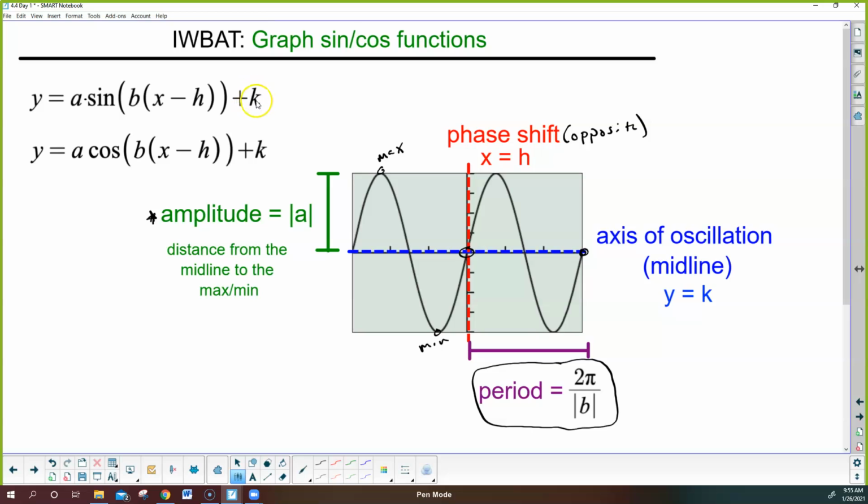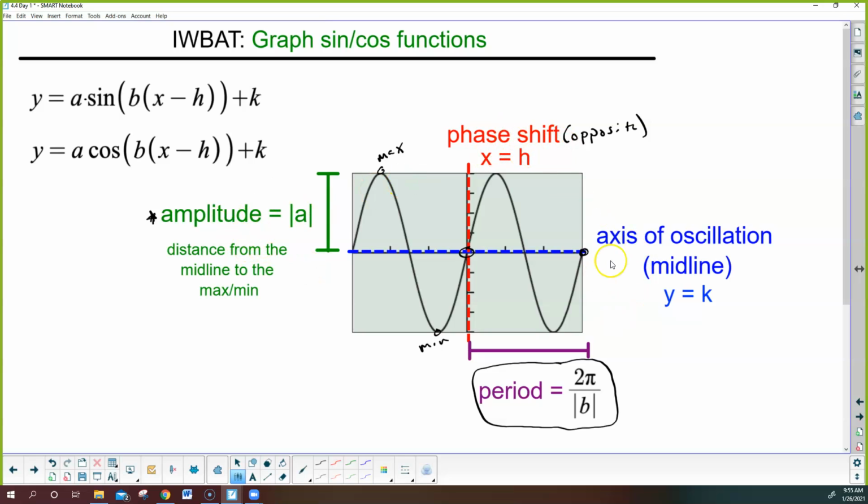And the K value is your vertical movement up and down. That's what we learned basically all of Algebra 1, Geometry, Algebra 2. We talked about shifts. Well, what does the shift up and down control? That controls where my midline is present. So the midline is the K value.